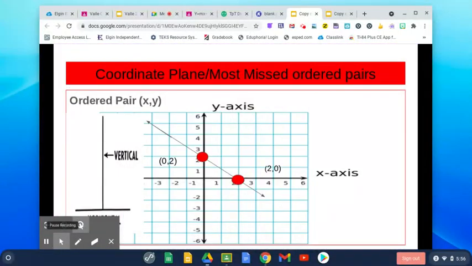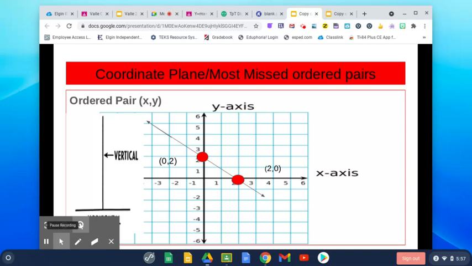I'd like to talk about some most missed ordered pairs on the coordinate plane. They're the ones that lie directly on the x-axis and on the y-axis. Another name for these is the x-intercept and the y-intercept, because it's the place on the graph where the line or the graph passes through the y or passes through the x.